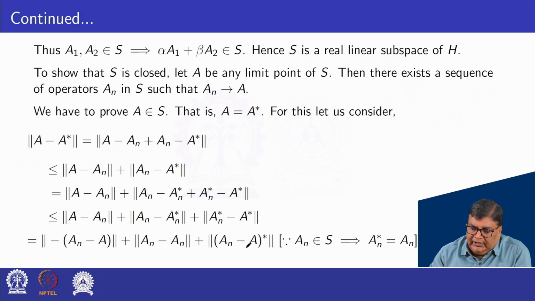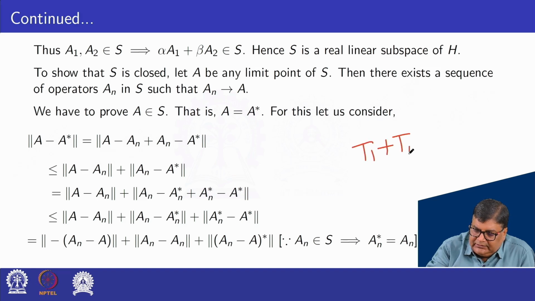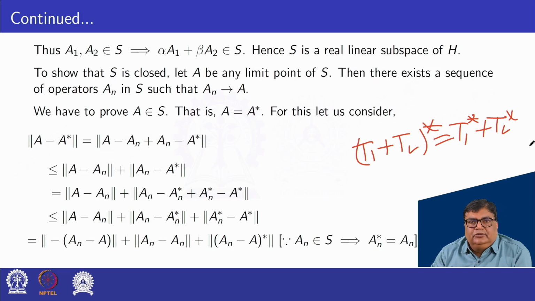Again applying the property T1 plus T2 star is equal to T1 star plus T2 star, this can be written as star of An minus A.